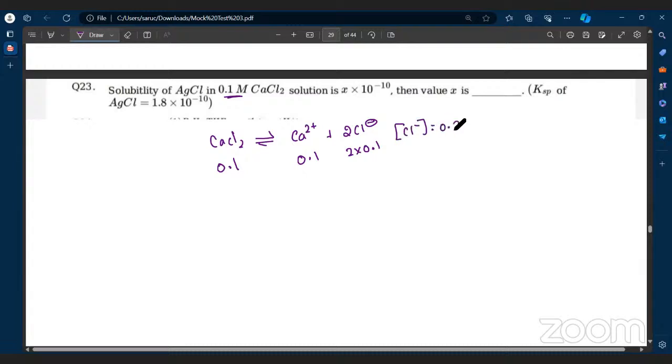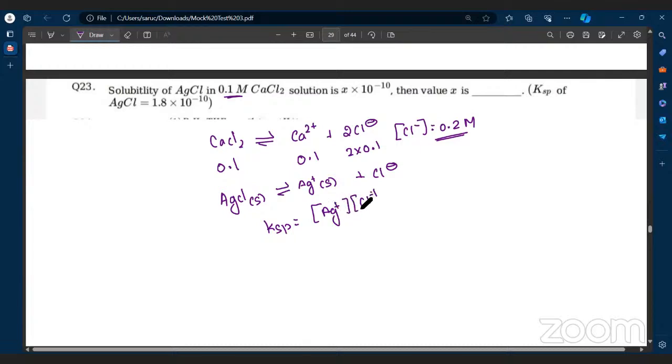So from this we are done with the concentration of Cl minus. Now moving with AgCl, it is partial, right? It will not completely dissociate. It is partially soluble. So here it will give you Ag plus and Cl minus. So now Ksp is equal to the concentration of Ag plus into the concentration of Cl minus.